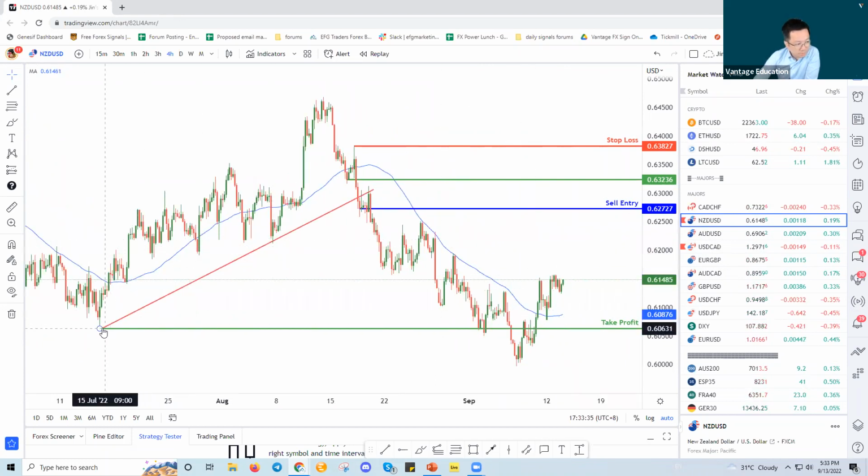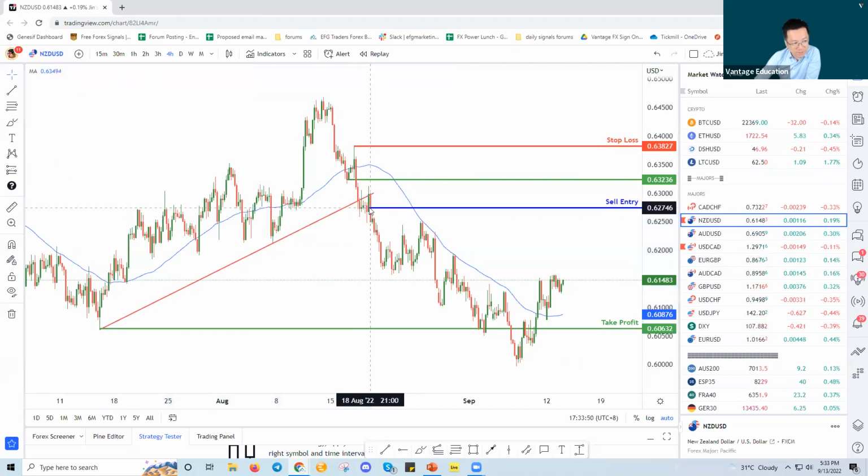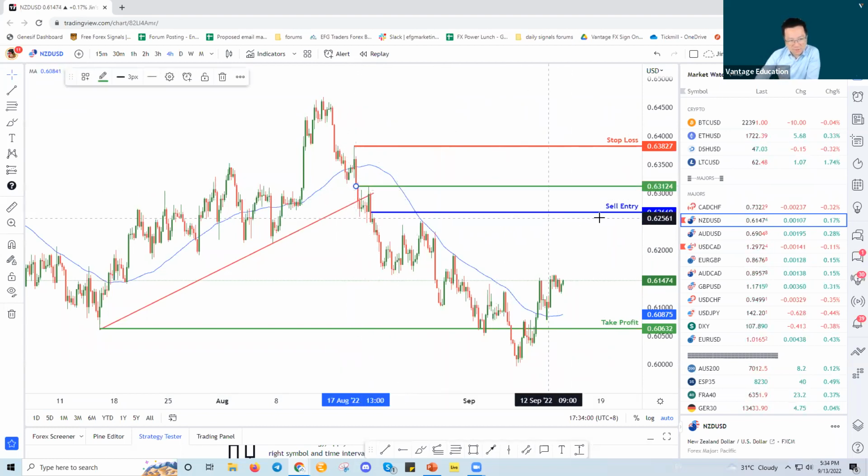Again, as an example, we've got that upward trend line based on this level here and this level here. Move that down a little bit. And then we see that price has broken that trend line. So as price breaks that level, let's say at that point there, what about a sell entry? We know our resistance level is about there, that 0.6312 level.